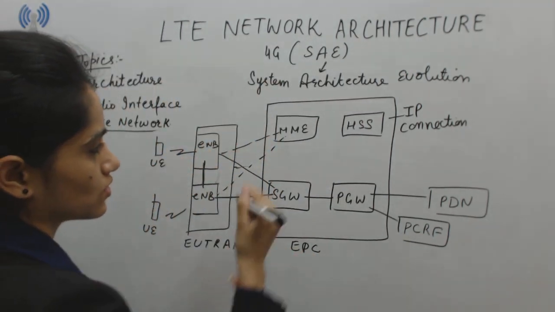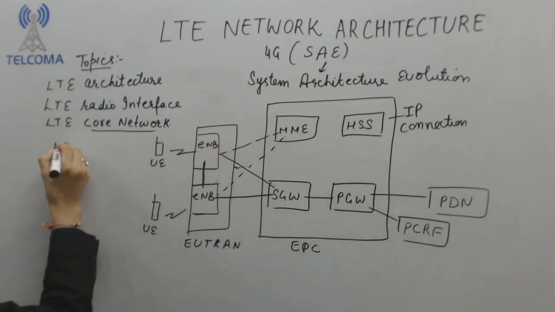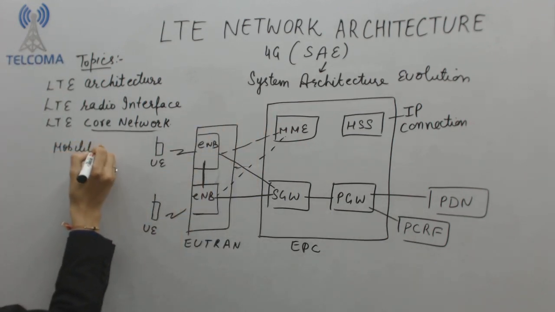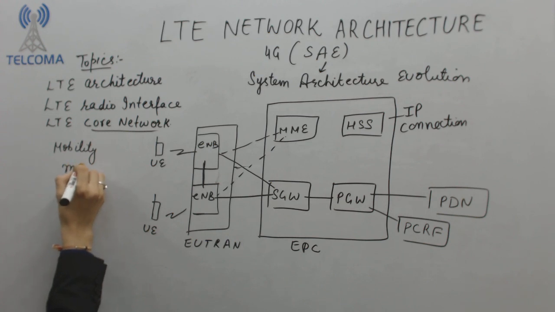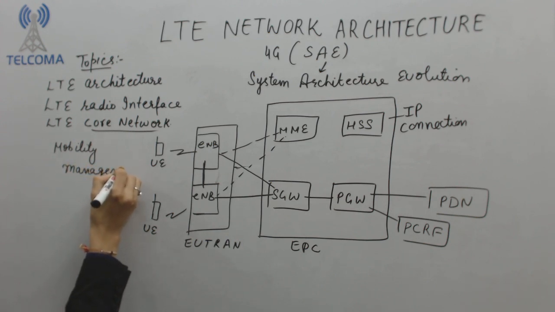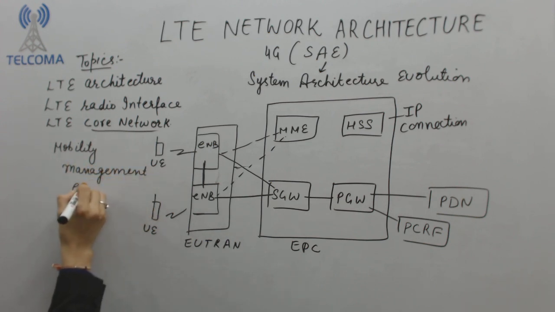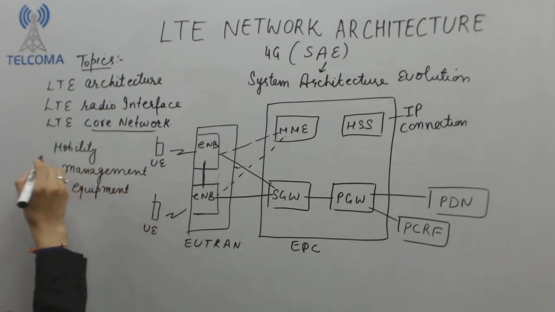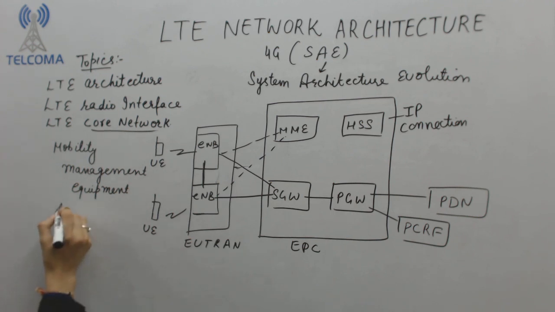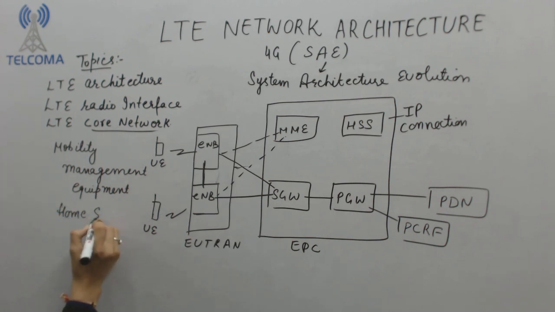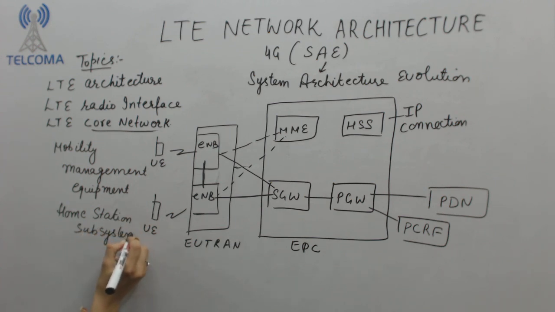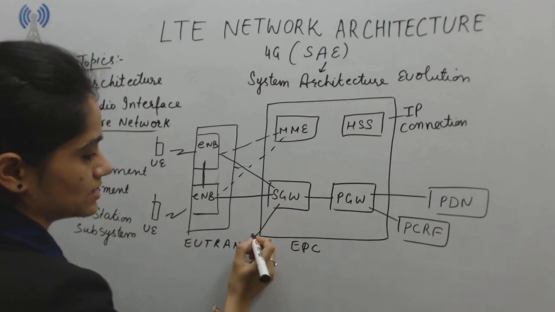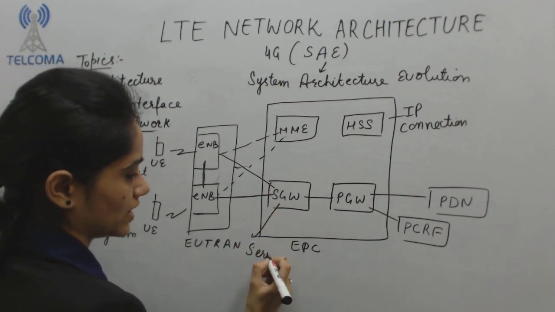So IP connection. MME is mobility management equipment. HSS is home station subsystem. SGW is serving gateway.